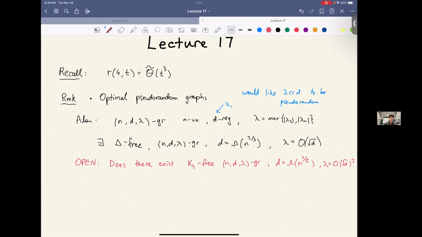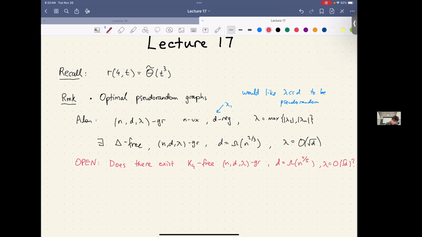If this is true, the density will be optimal. But the graph H_q star that we use, their spectrum, the lambda is not strong enough to fit in here. That's the first remark.